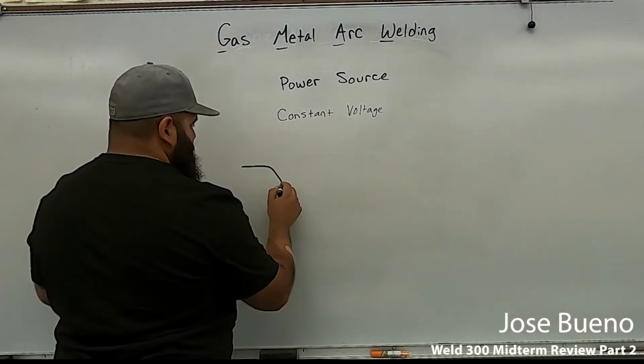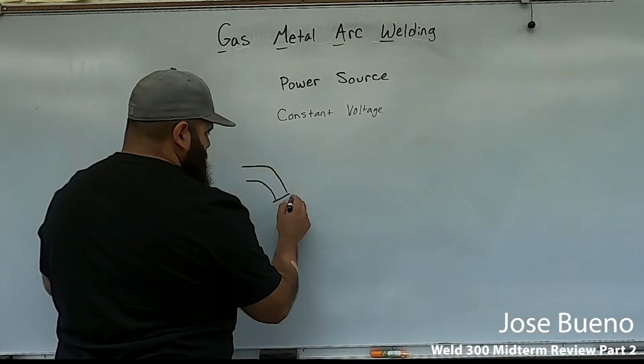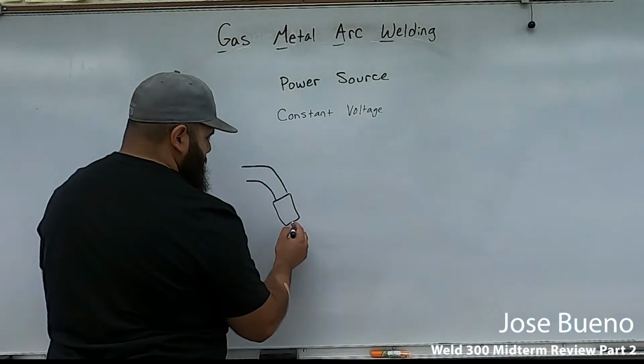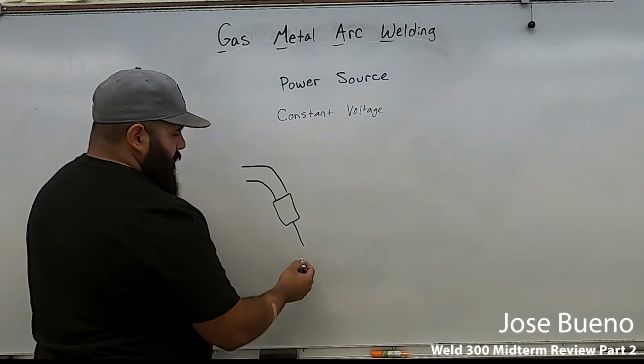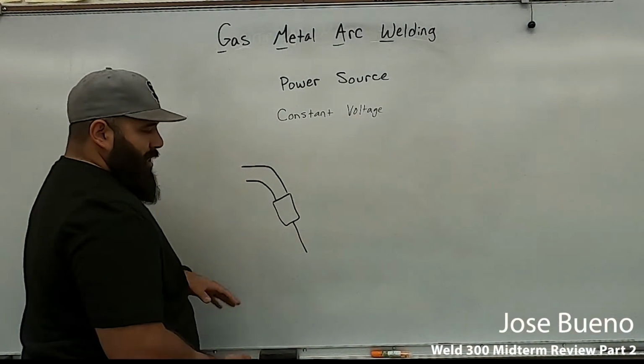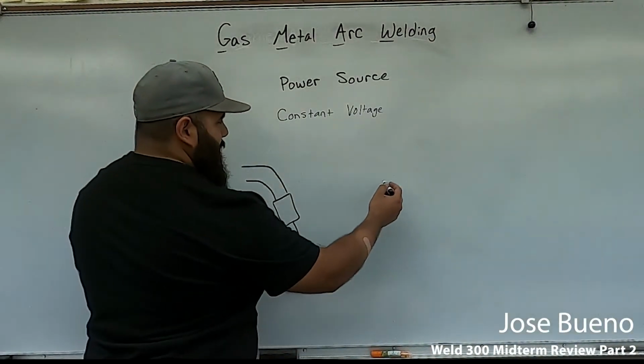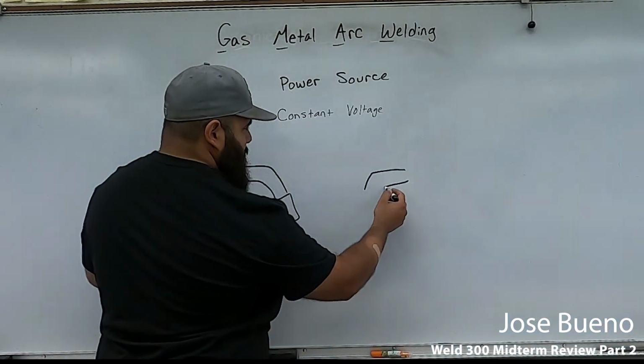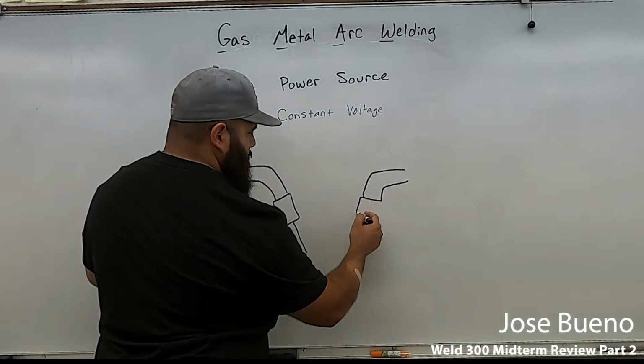If we have our MIG gun, and here's our electrode wire, we'll give this one a relatively long stick out, and we'll have this MIG gun have somewhat of a shorter stick out.